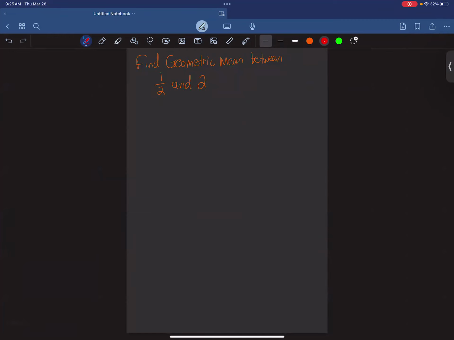Next, this one cleans up a little bit easier and a little bit quicker. Find the geometric mean between 1/2 and 2. Anytime you're dealing with geometric mean, your geometric mean is just the square root of a times b. A times b meaning the two numbers we're given. So we have the square root of 1/2 times 2.